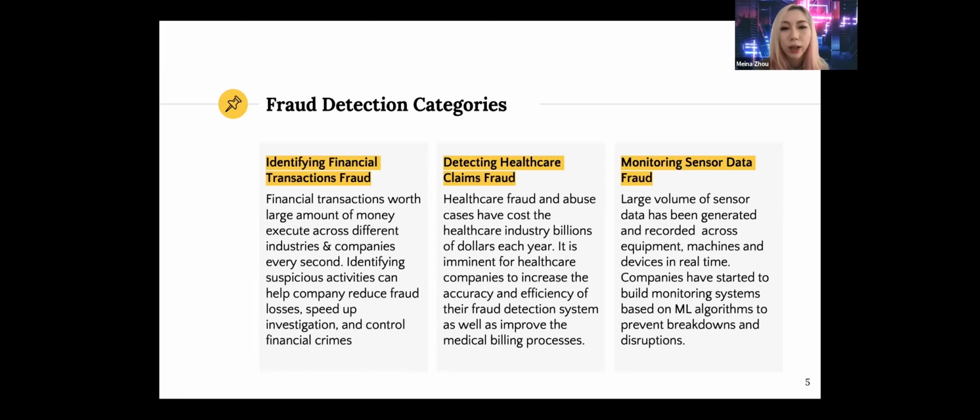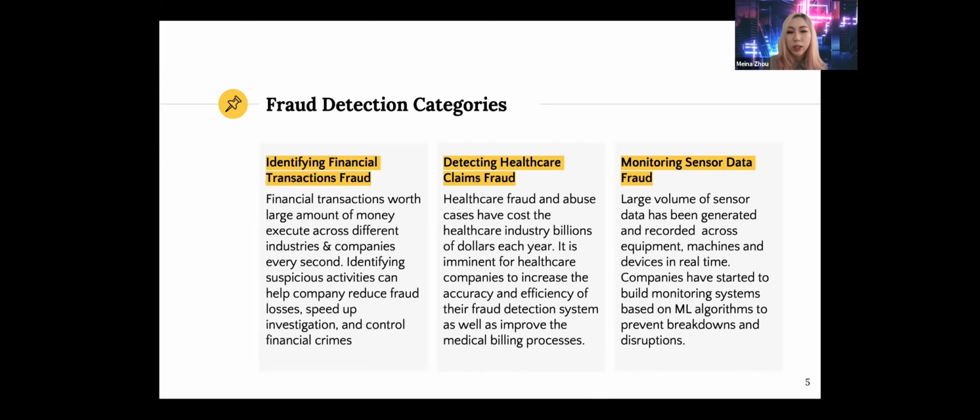And then the second category I want to talk about is called healthcare claim fraud. Because of COVID-19, I think a lot of healthcare companies are doing pretty well, but they are also facing a lot more healthcare claim fraud. And even before COVID-19, healthcare fraud and abuse cases have always cost the healthcare industry billions of dollars every year.